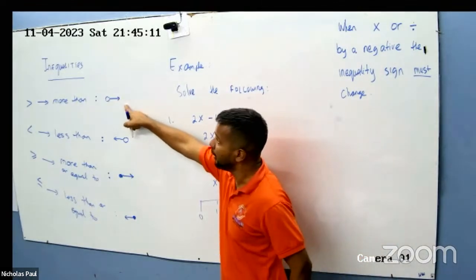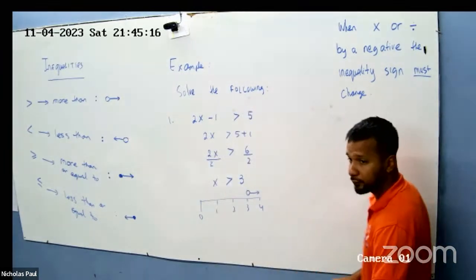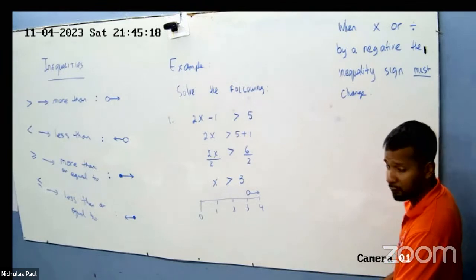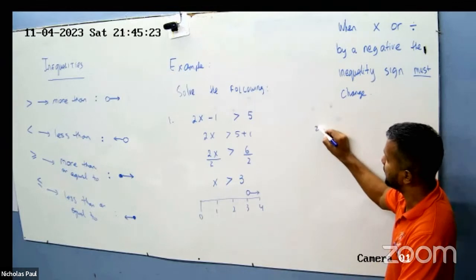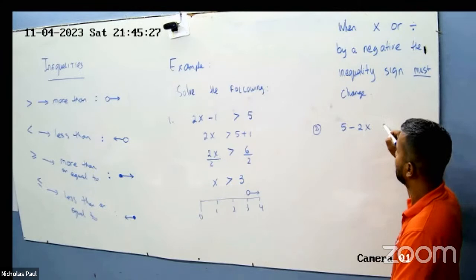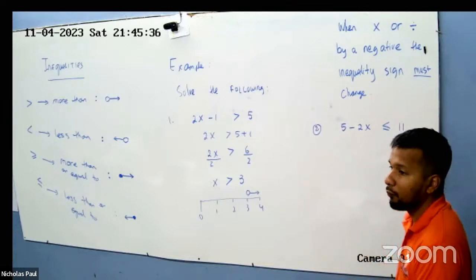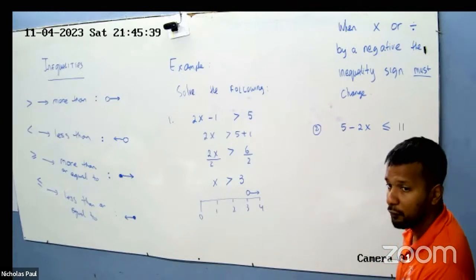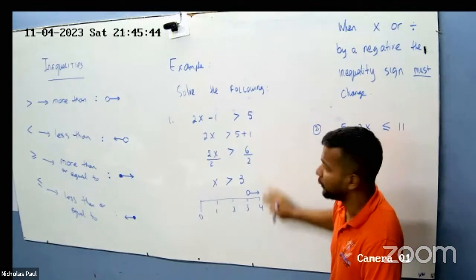Hollow circle going to the right. Okay? And that's it. That's the way you solve questions like that. Right? So you solve it just like if you had an equal sign. Okay?